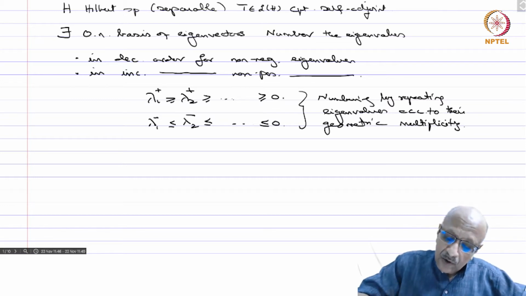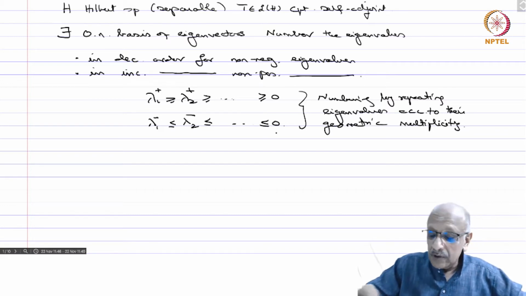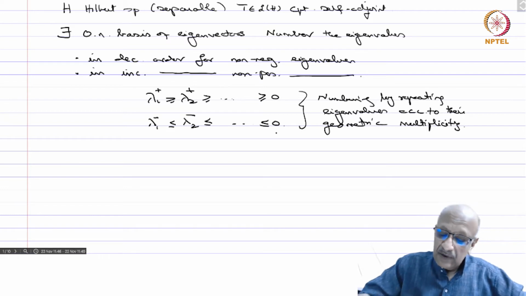Also all these need not exist all the time. For instance, you may have an operator which has only non-negative eigenvalues or only non-positive eigenvalues, or a mixture of both. Both may be infinite sets, one may be finite, and so on. So all kinds of things are happening. We are just giving you a numbering here.